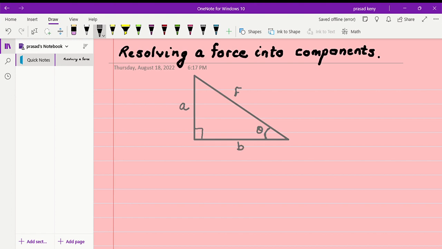Now, using SOHCAHTOA, I get cos theta. Cos is adjacent upon hypotenuse, that is B upon F. For theta, the adjacent side is B and the hypotenuse is F. So I can write B is equal to F cos theta.